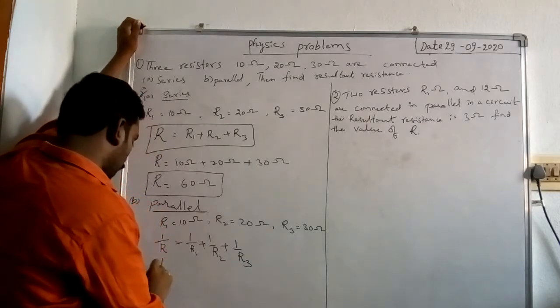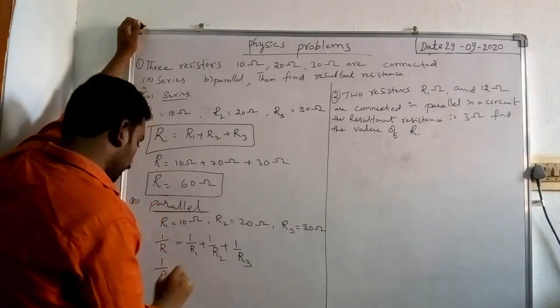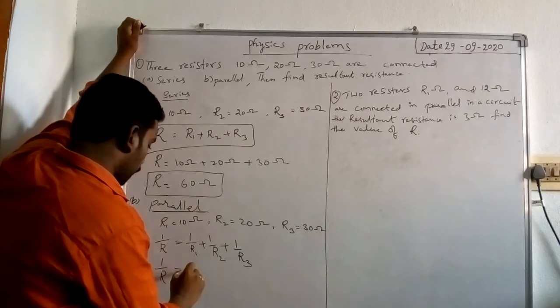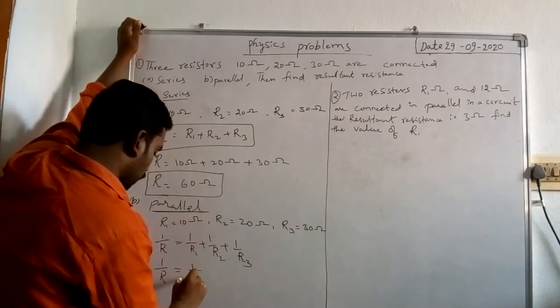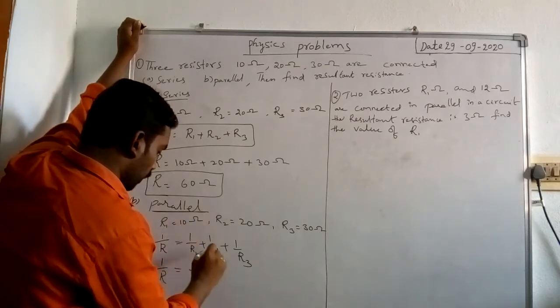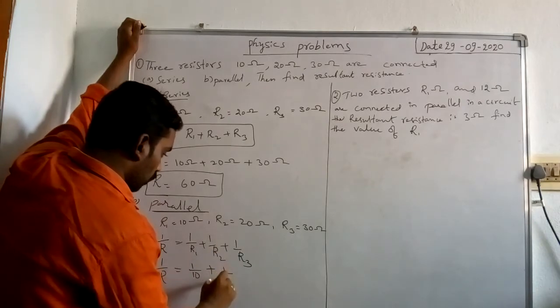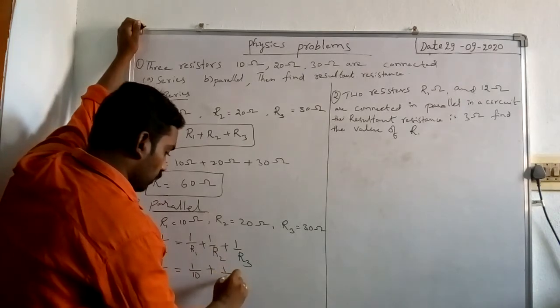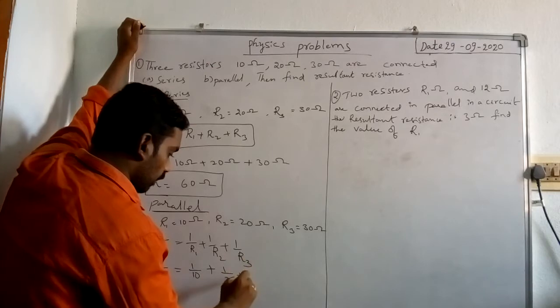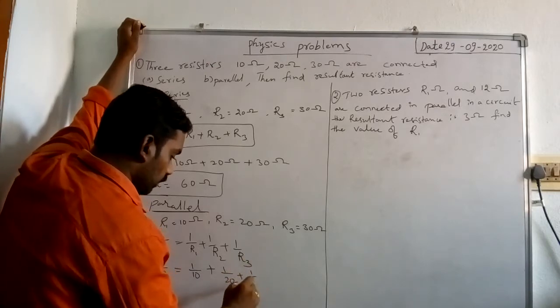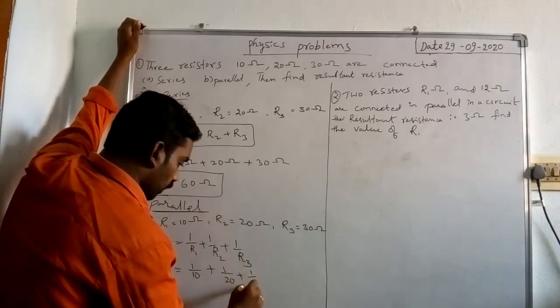Here 1 by R equals 1 by R1, which is 10 ohms, plus 1 by R2, which is 20 ohms, plus 1 by R3, which is 1 by 30.